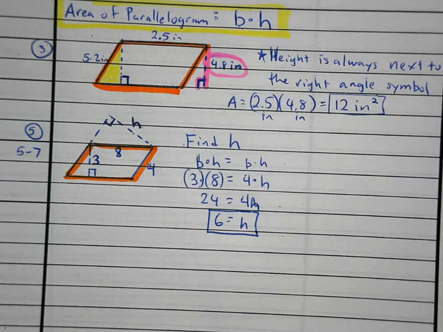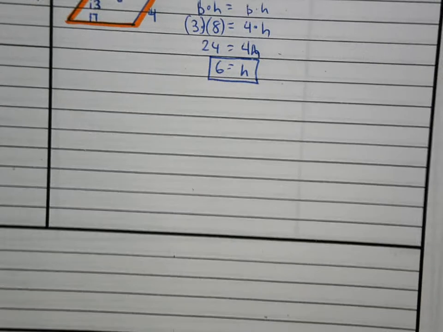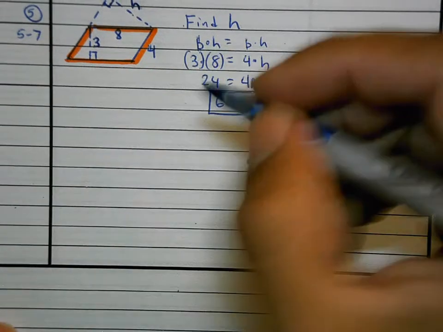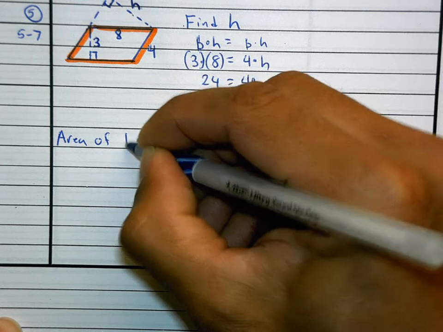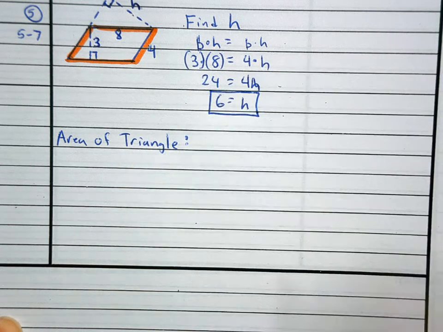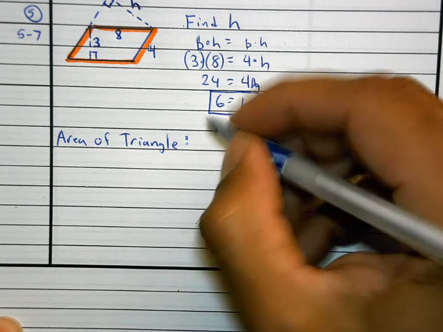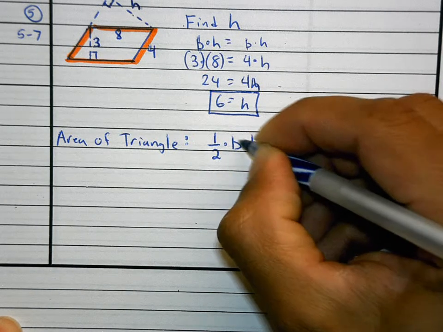Now that brings us to triangles. Area of a triangle. The formula for the area of a triangle is 1/2 base times height.